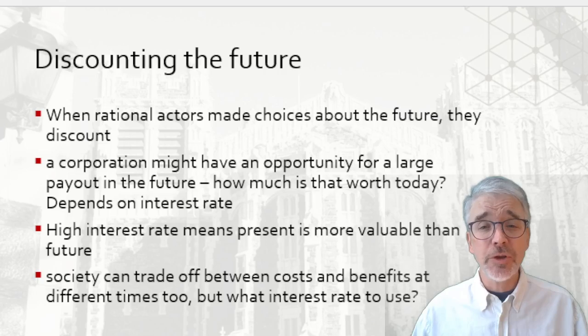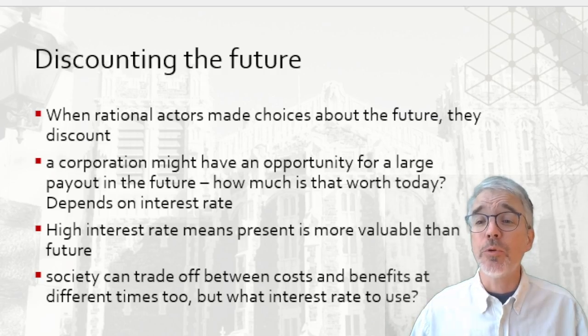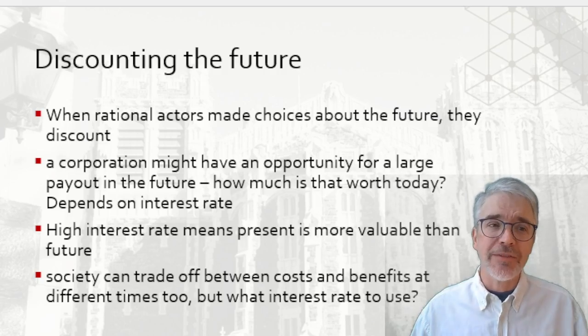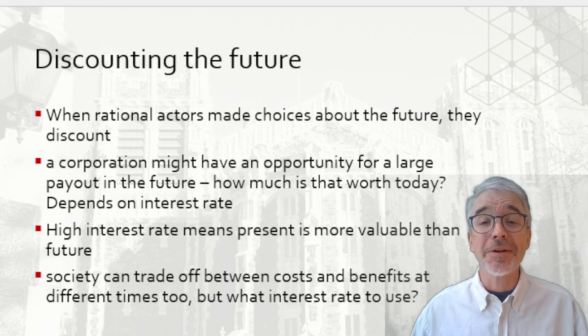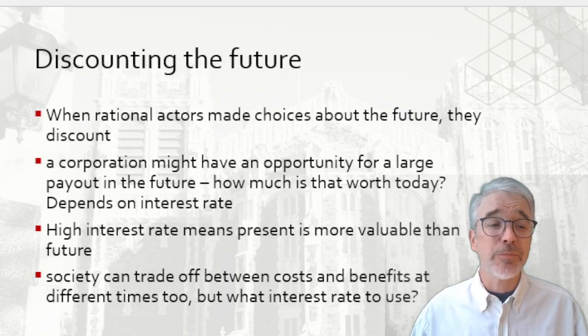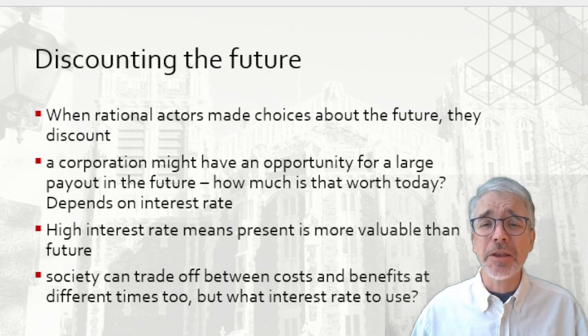What interest rates should be used? That's a thorny ethical question. But high interest rates mean the future gets a lower value. That seems like age discrimination. People who were or even have yet to be born later in time get a higher discount than the people currently living. It's a complicated issue.